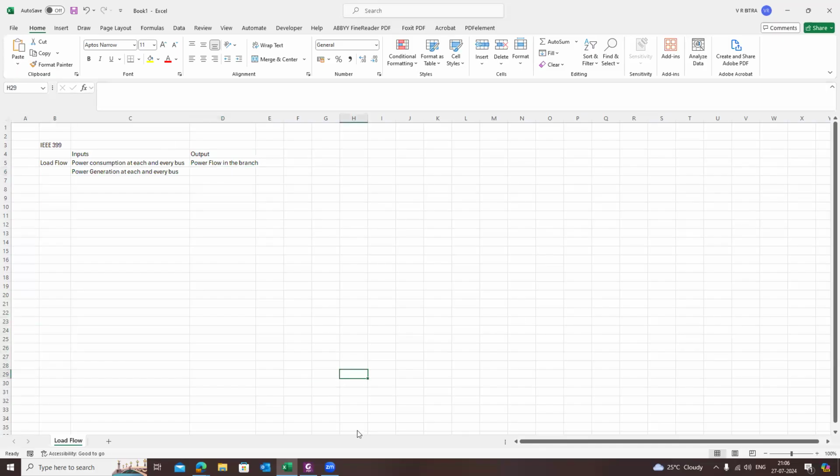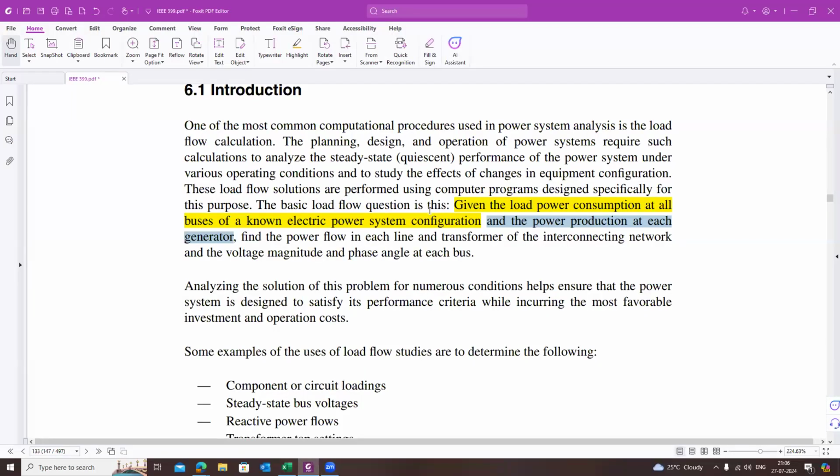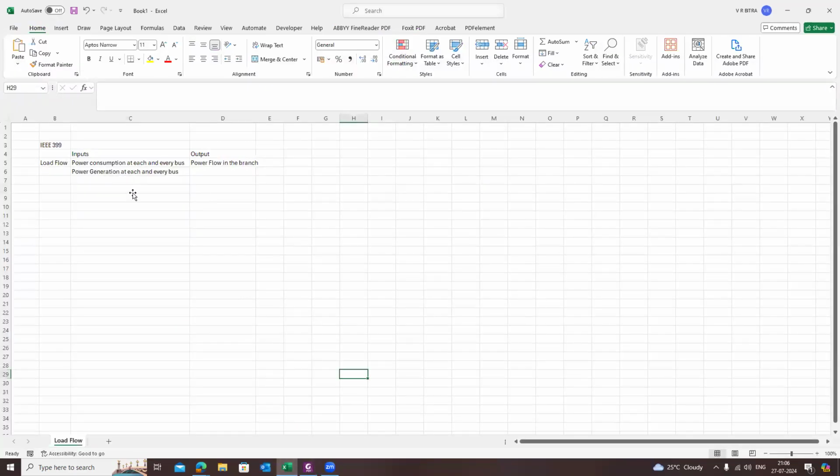Let's read it from the IEEE 399 also, which mentions that for the given load power consumption at all buses, you need to give the power consumption at all buses. Then a known electrical power system configuration. What does that mean? Here we have to give the power system configuration.